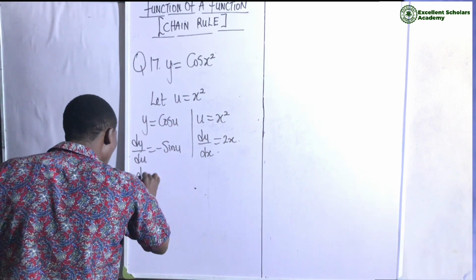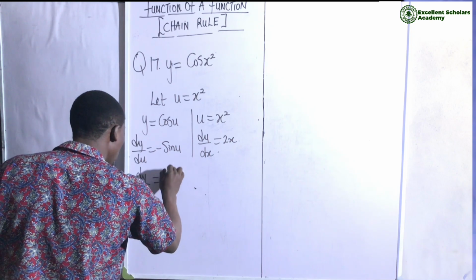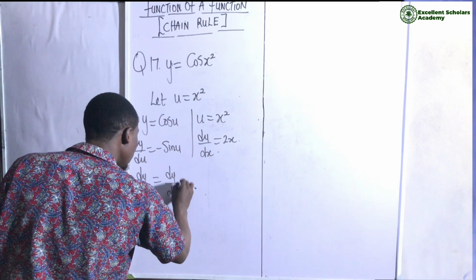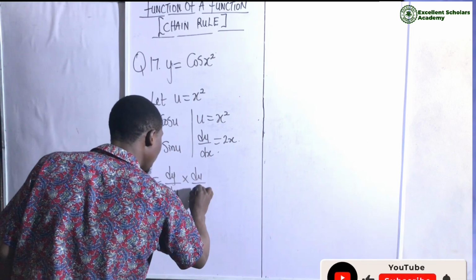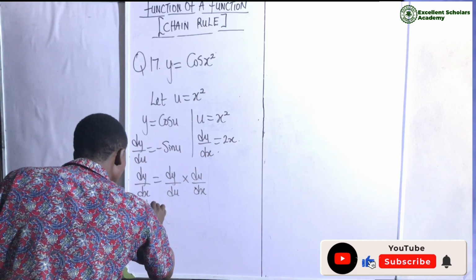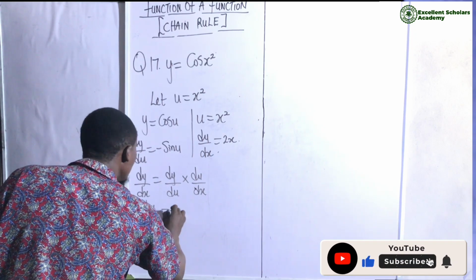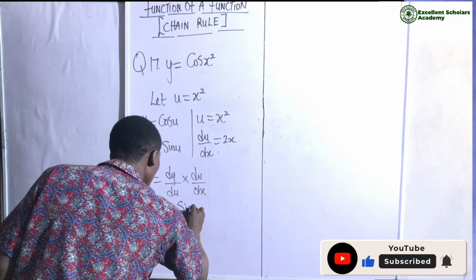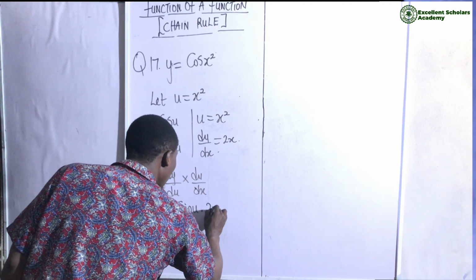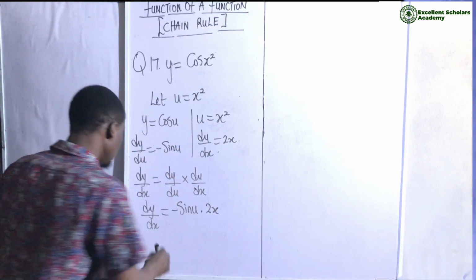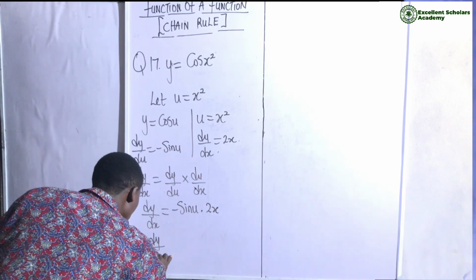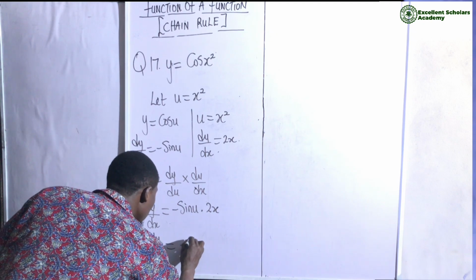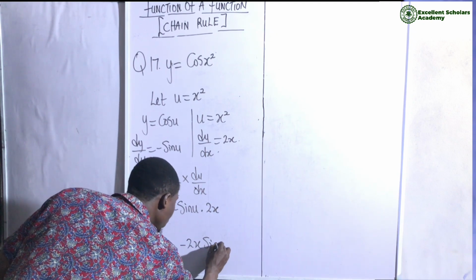So our dy/dx is going to be equal to dy/du times du/dx. So now dy/dx is going to be equal to minus sin u multiplied by 2x. So this becomes that dy/dx will be equal to minus 2x sin u.